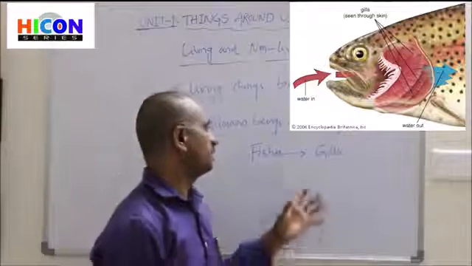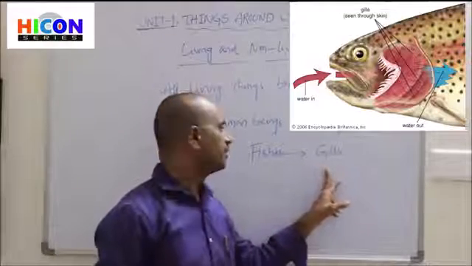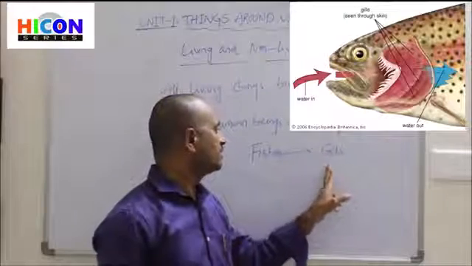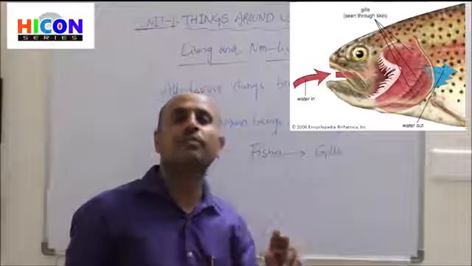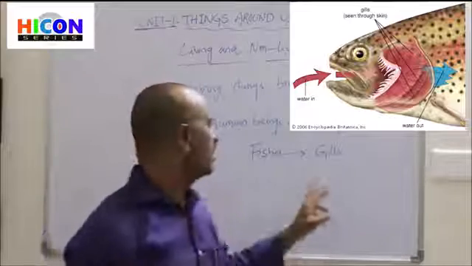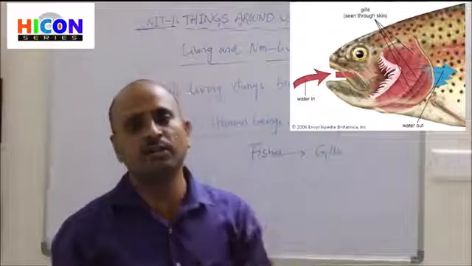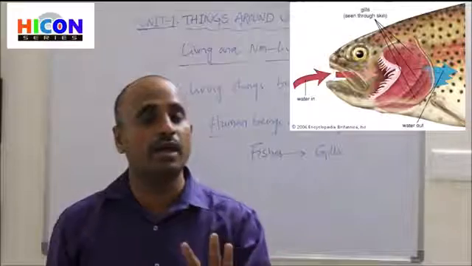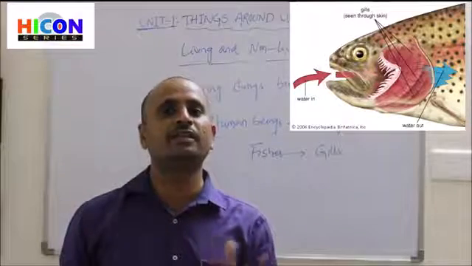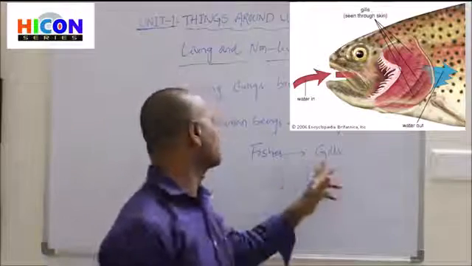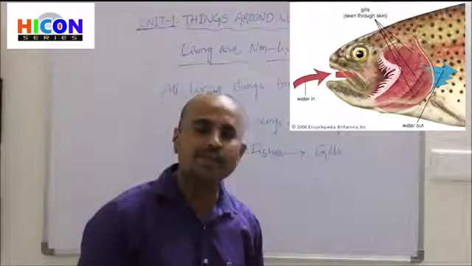Gills are the special arrangement in the fishes to breathe oxygen present in the water. The gills allow only oxygen into their bodies but do not allow the water into their bodies.